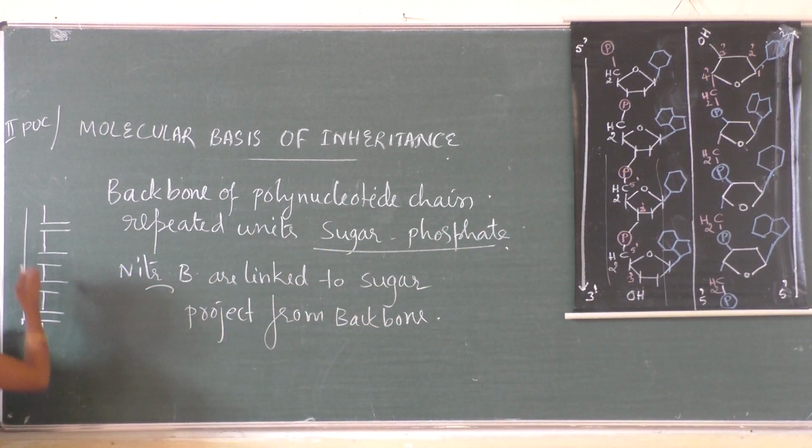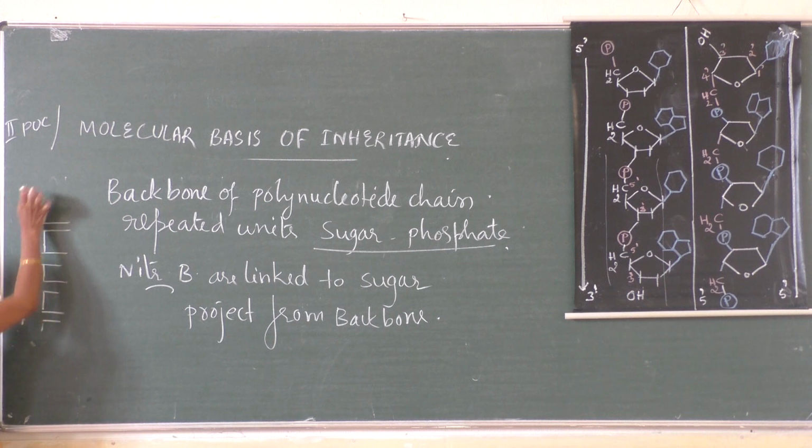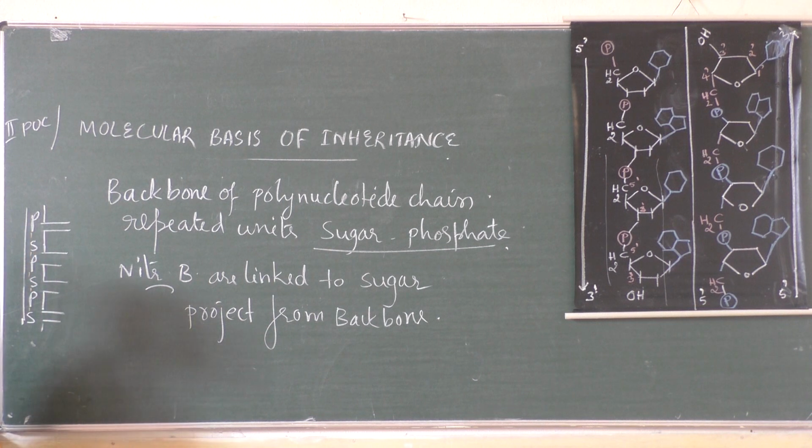That forms the backbone. So how was the backbone started? Sugar, to which a phosphate is connected, sugar to which a phosphate is connected. This connection of sugar, phosphate, sugar, phosphate makes the backbone of the polynucleotide chain.